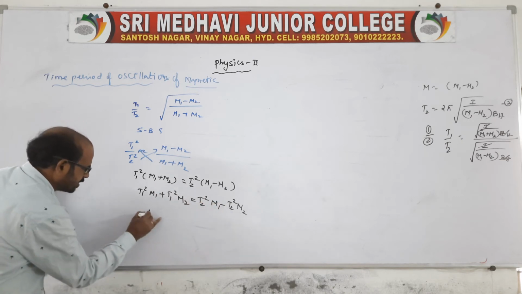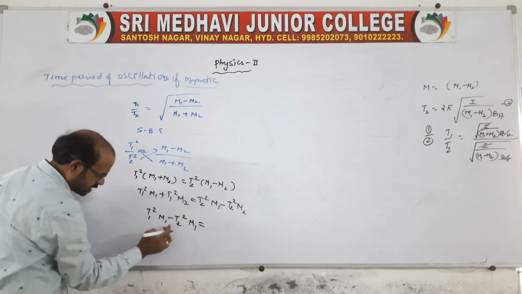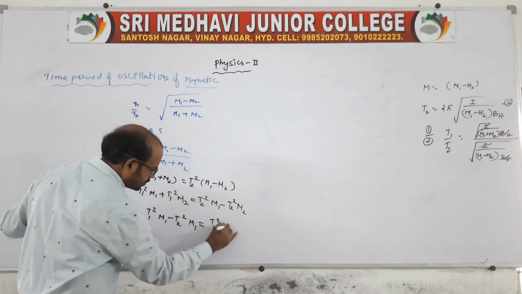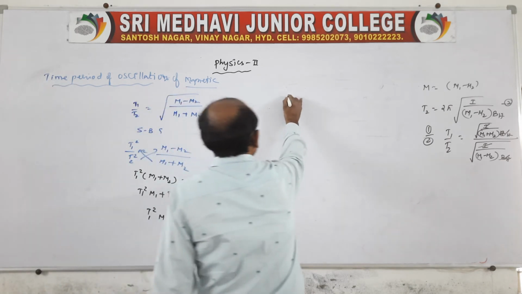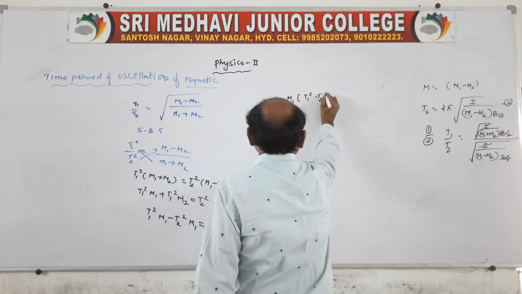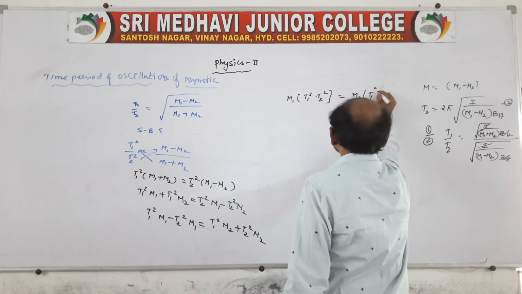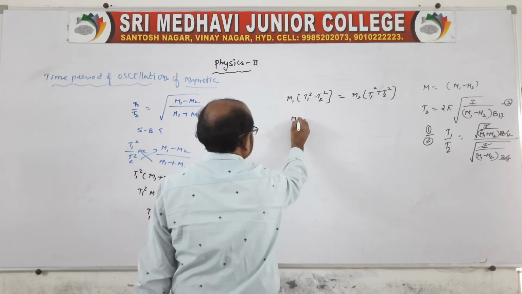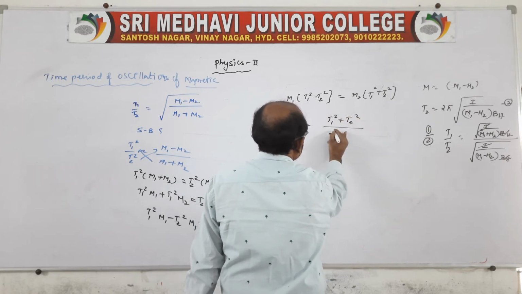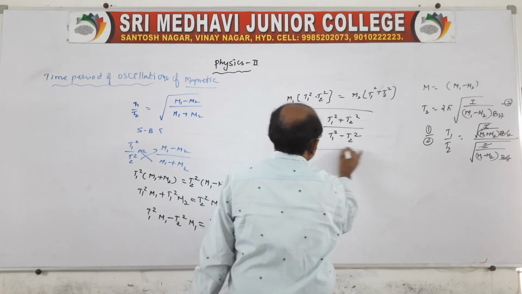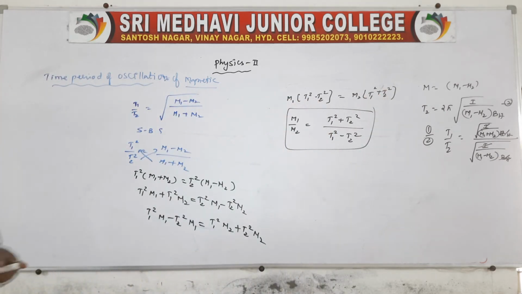T1²M1 − T2²M1 is equal to, this will come here, T1²M2 + T2²M2. Take M1 common: M1(T1² − T2²) is equal to M2 common, (T1² + T2²). So M1/M2 is equal to (T1² + T2²)/(T1² − T2²). This is the magnetic moments ratio, M1/M2.